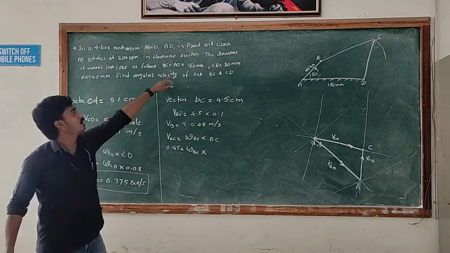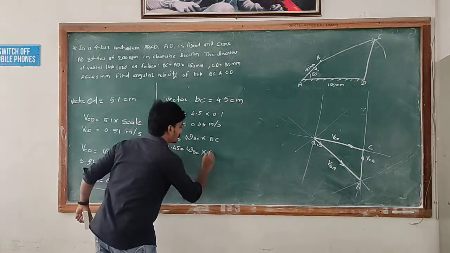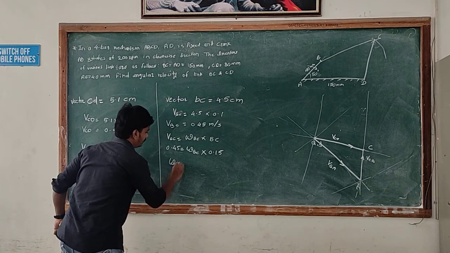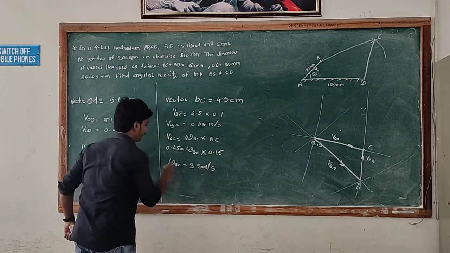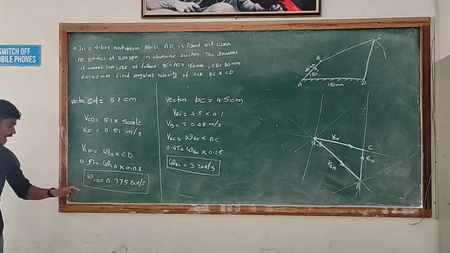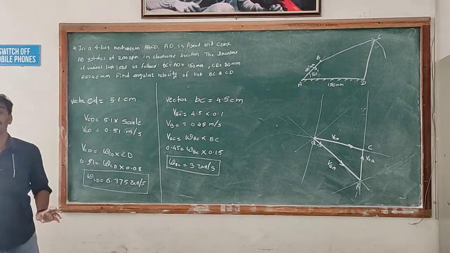Distance BC is 150 mm. Convert this into meter, so it becomes 0.15. If we solve this, we will get omega BC equal to 3 radian per second. So this is the angular velocity of the link CD, and this is the angular velocity of the link BC.